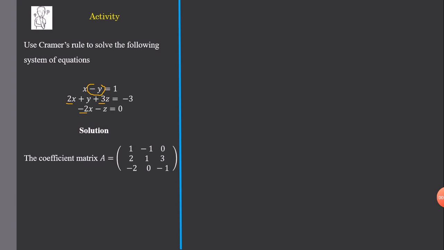Here we don't have y, so the coefficient of y is 0, and negative 1 as the coefficient of z. So we are going to find the determinant of this coefficient matrix as the first step. If you do the calculations, you find that the determinant of this matrix will give us a 3.